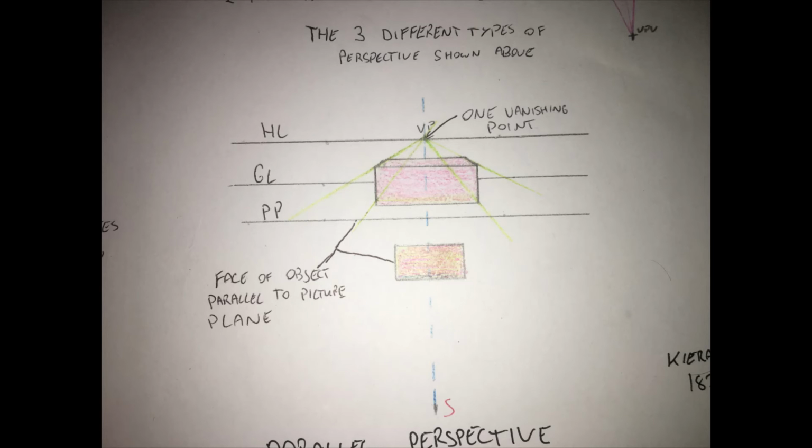Finally, we come to parallel perspective. Parallel perspective is basically when the face of an object is parallel to a plane. As we can see here, the spectator and the vanishing point are on the same line, and the face of the object is basically split halfway between the spectator.